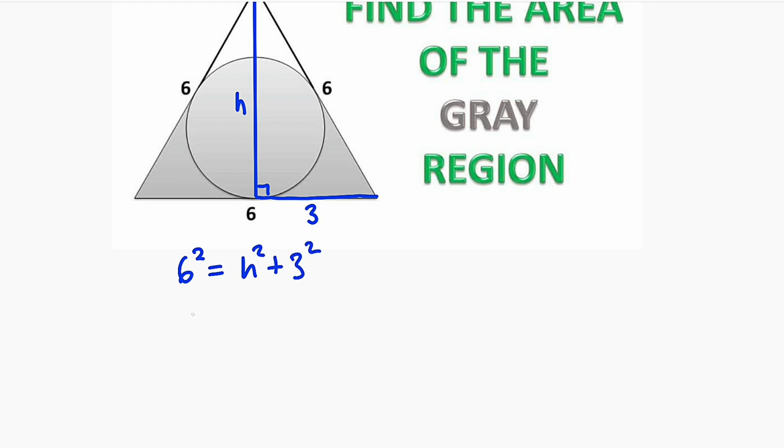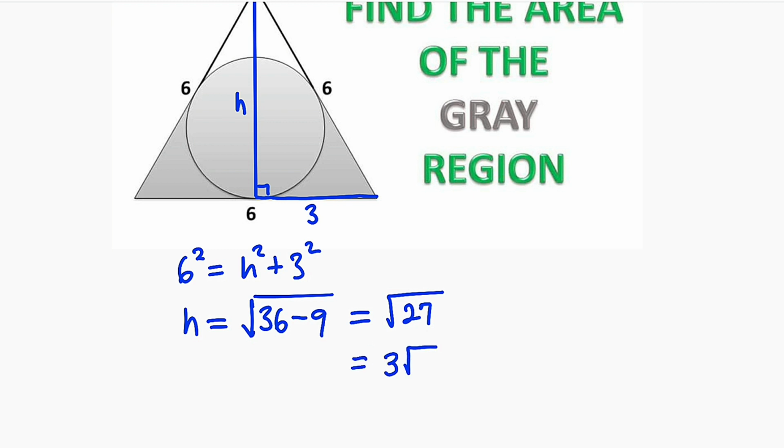To make h the subject, we say that h is equal to the square root of 6 squared, which is 36, minus 3 squared, which is 9. And this is equal to the square root of 27. But 27 is the same thing as 9 times 3. Square root of 9 is 3. So we have 3 root 3 as our height.